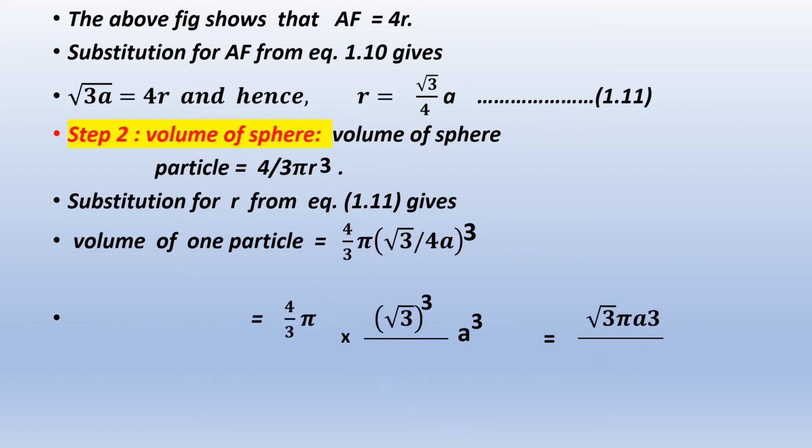Then the simplification: 4 by 3 pi into root 3 cube upon 64 into a cube gives root 3 pi into a cube upon 16.